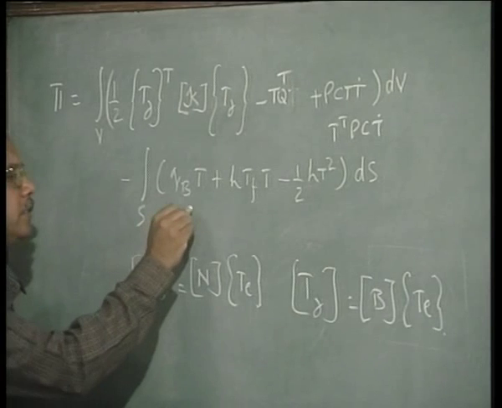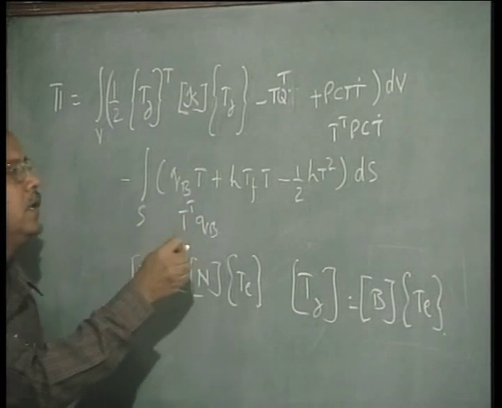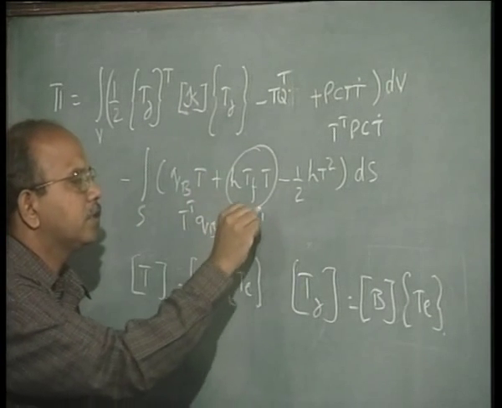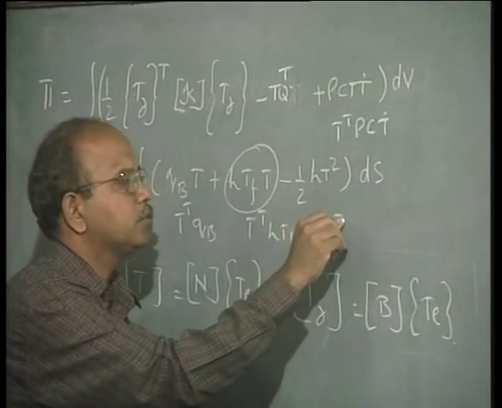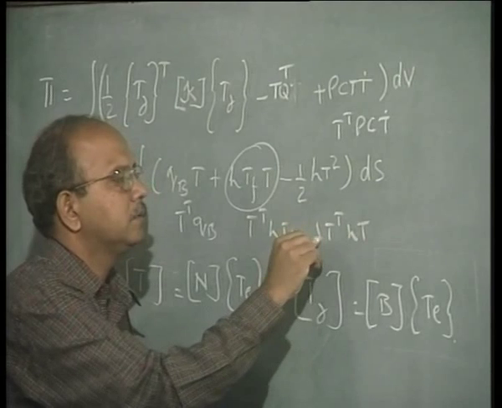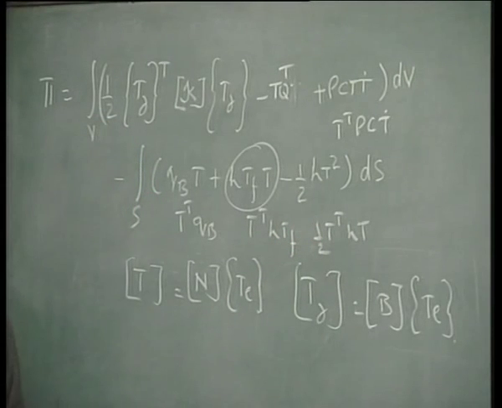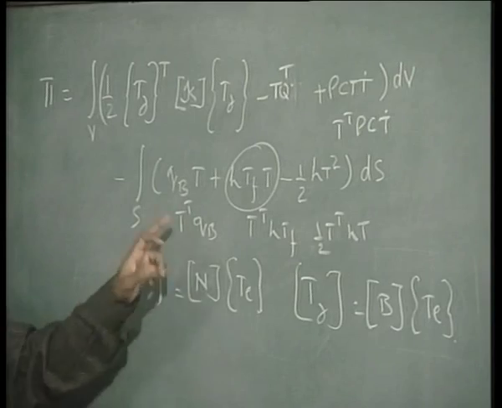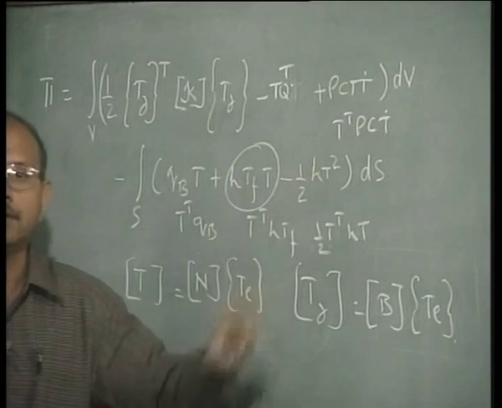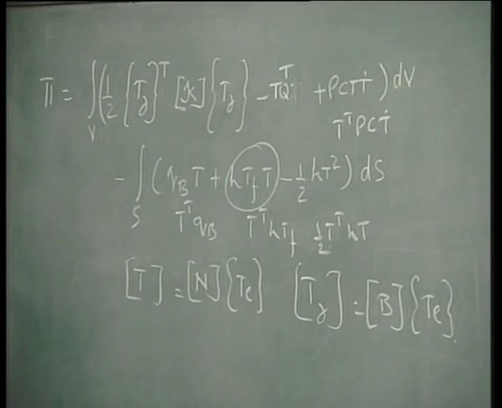Similarly, this you write as T transpose QB, this as T transpose H T F, and this as T transpose H T. Is that clear? Okay. Because that makes it easier to write. So, all these terms replace this.